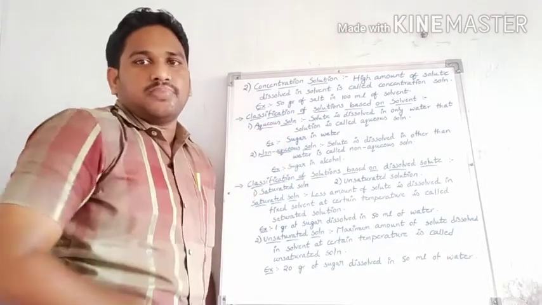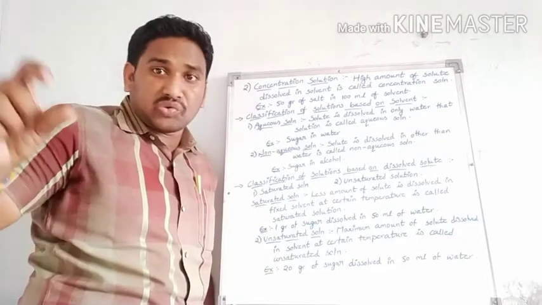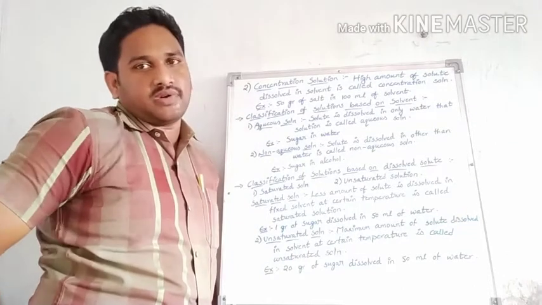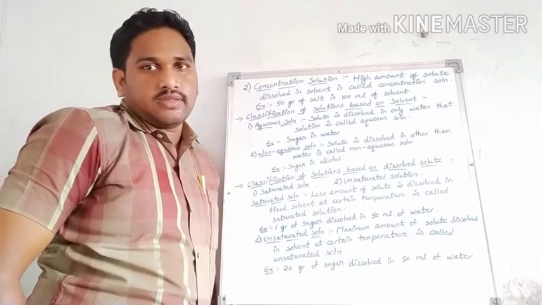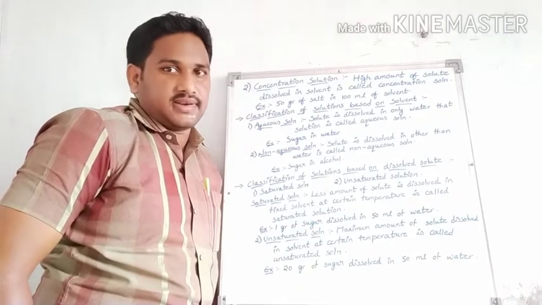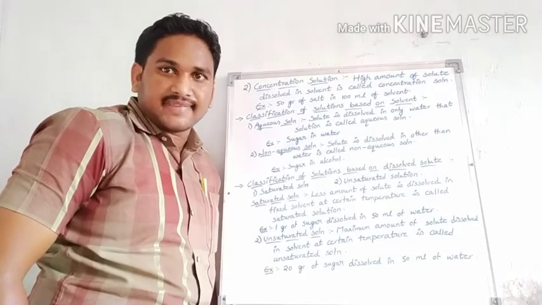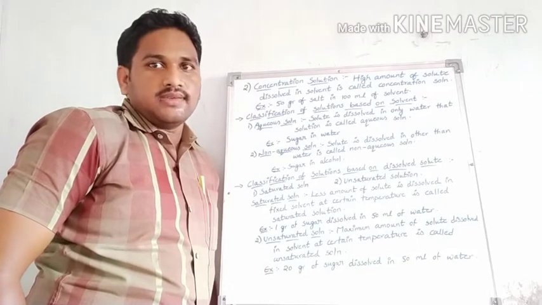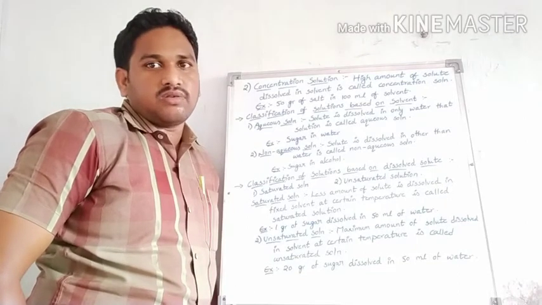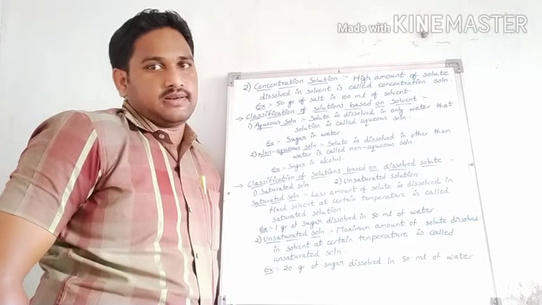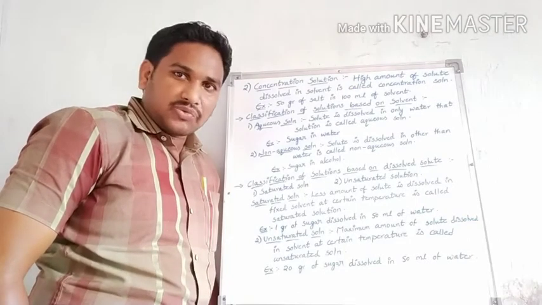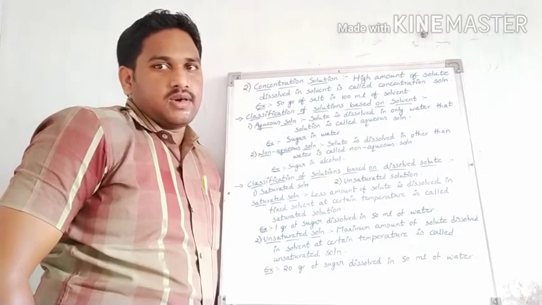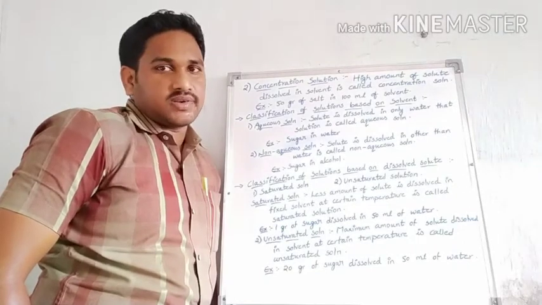For example, you have taken 50 grams of sugar or salt dissolved in 100 ml of solvent. That solution is very sweet. Very sweet is nothing but a high concentration solution. Concentration means we have taken a large amount of solute, and that large amount of solute is completely dissolved in solvent. That solution is called a concentrated solution.